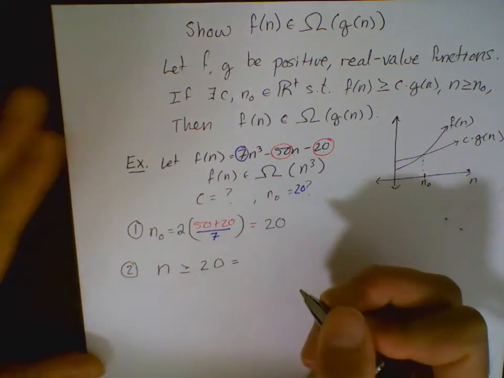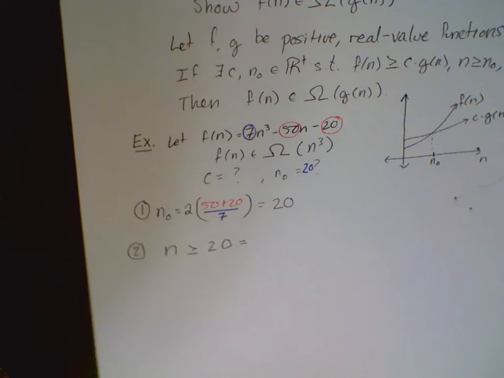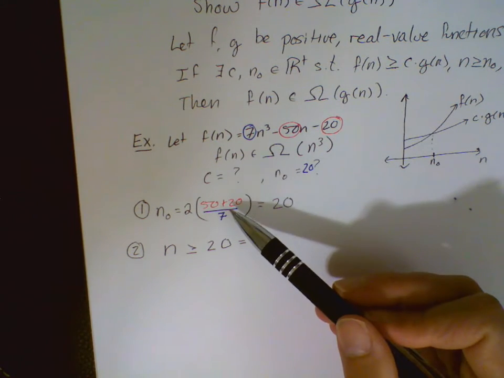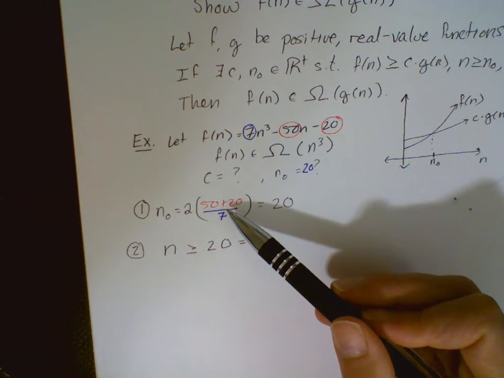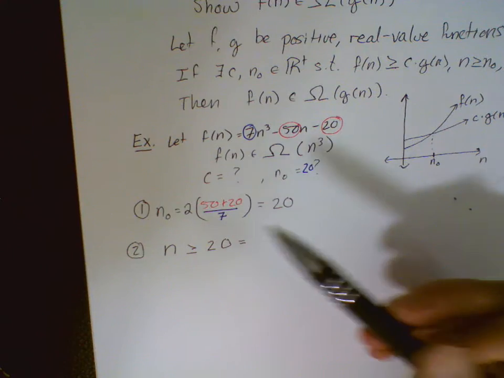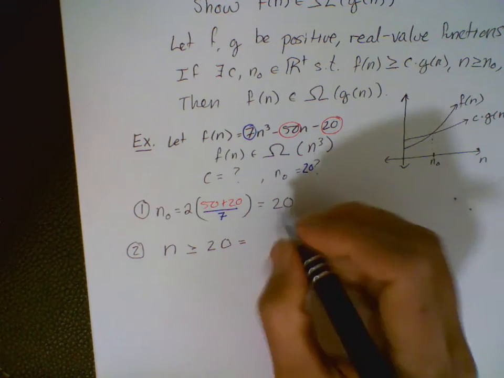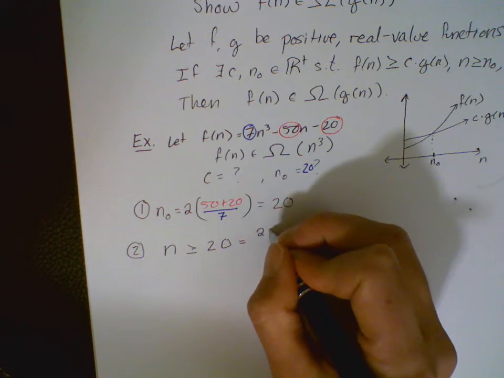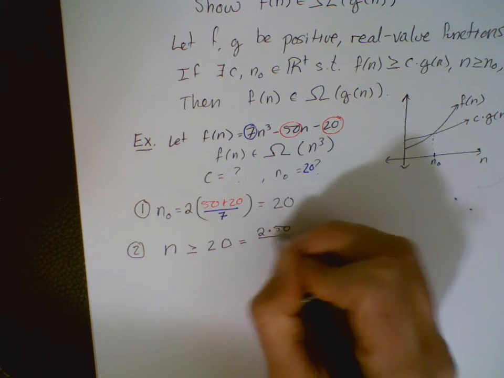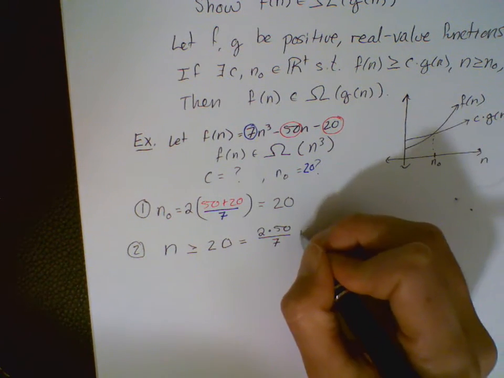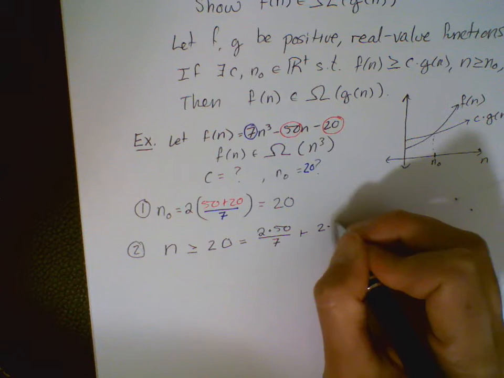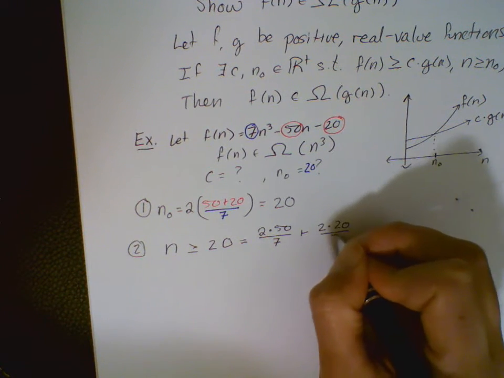And I'm going to write 20 in a very specific way, as two terms, in fact the two terms that we saw in our first step for finding n naught. So I'm going to rewrite this as 2 times 50 over 7 plus 2 times 20 over 7.